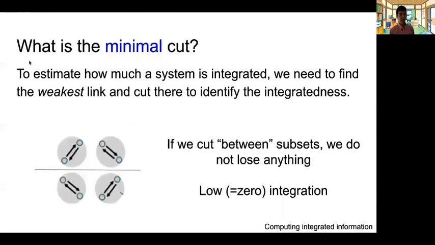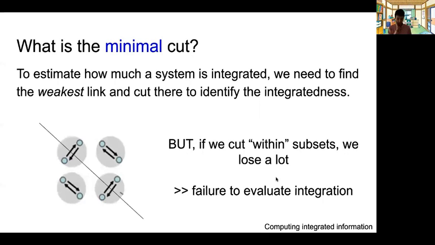On the other hand, for this kind of system, which we also proposed should have a very low PCI, it's really easy to find the minimum cut. If we cut the system at, let's say, this horizontal line, then we lose absolutely nothing about its own future or past, because there is no connection to begin with. So we don't even need to replace it with random noise. This is a case of a low or zero integration system.